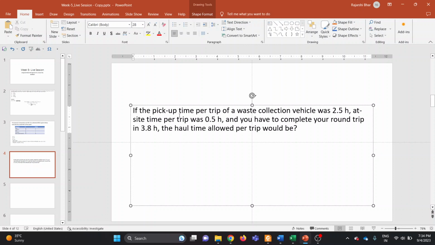A routing problem based question where you have been given that the waste collection vehicle's pickup time per trip is 2.5 hours, while at site time per trip is 0.5 hours. Then you have to complete your round trip in 3.8 hours, that is the total time. So what will be the halt time allowed per trip?